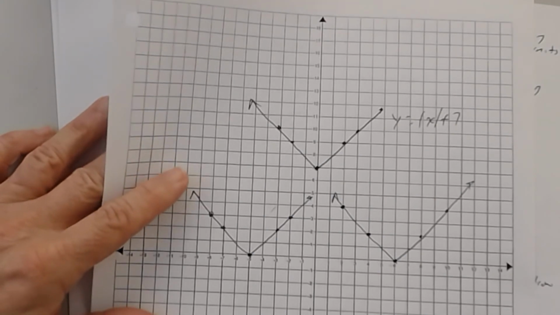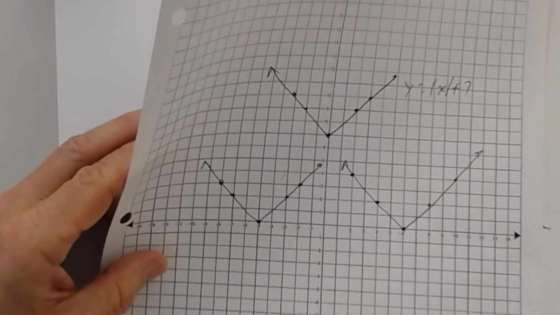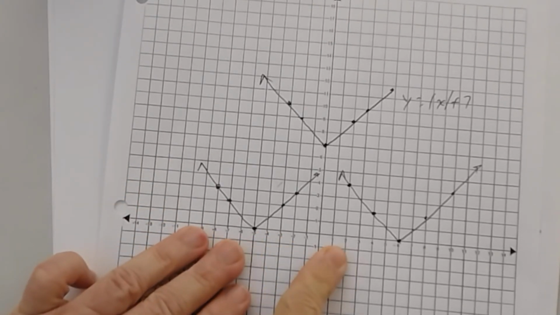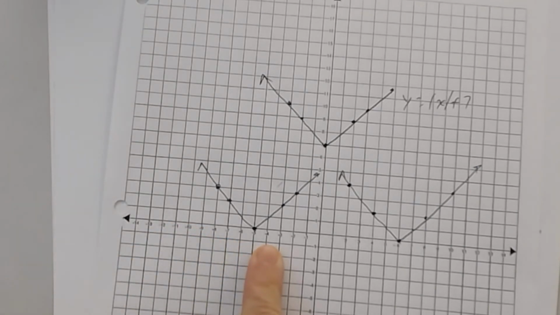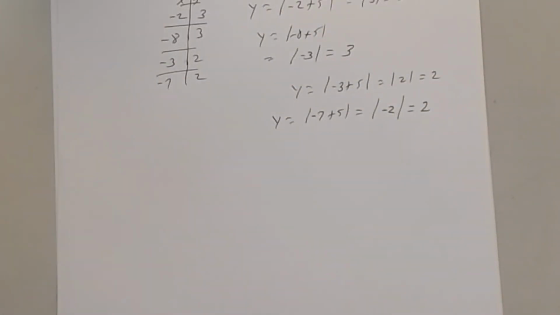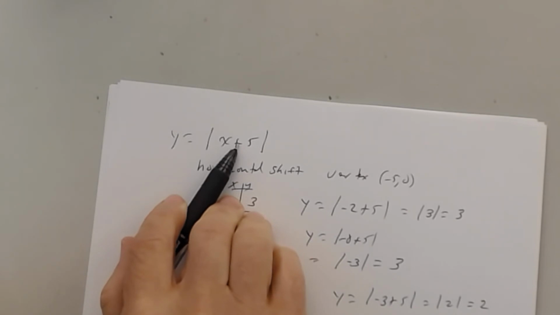Now, notice that one way to catch yourself if you did make a mistake: remember how we asked ourselves, is the vertex going to be 5, 0 or negative 5, 0? Suppose you made a mistake and said 5, 0. That's a mistake, correct? You can always check it. If x is 5, what's 5 plus 5? I don't get 0.